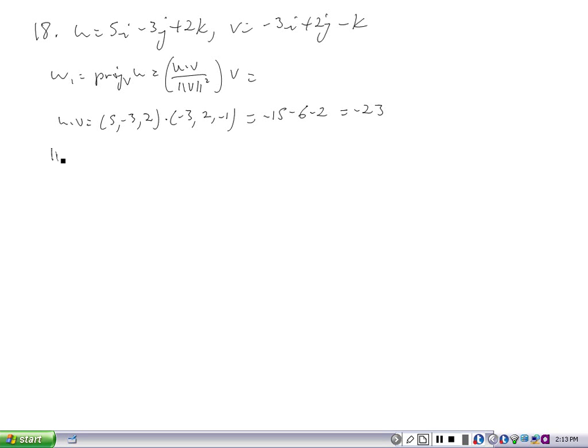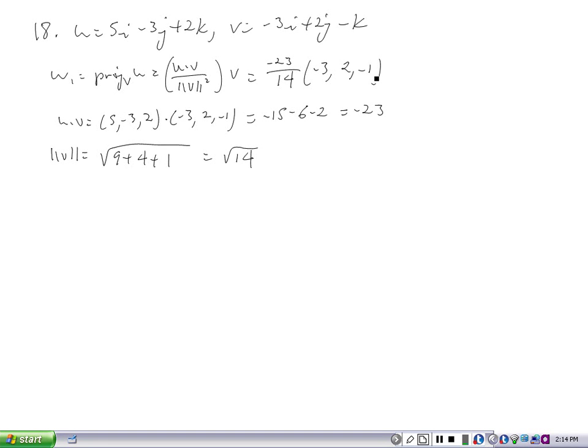Then you find the norm of v. That's the square root of the negative 3 squared is 9, plus the 2 squared is 4, plus the negative 1 squared is 1. So we get the square root of 14. So this becomes negative 23 all over the norm of v squared, so that's just 14, times the vector v, negative 3, 2, and negative 1.